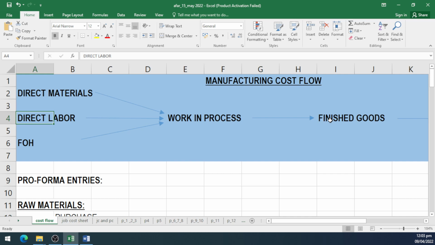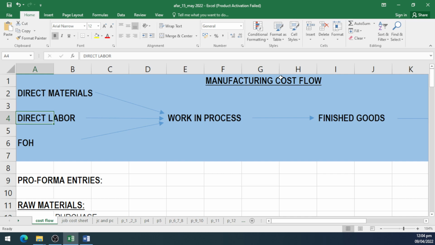But of course, we will take up yung direct materials, direct labor, and factory overhead, yung specific accounting ng bawat element. But of course, we will do that in a fast-paced. Our focus on Afar 15 is job order costing, in particular, the losses in job order costing.